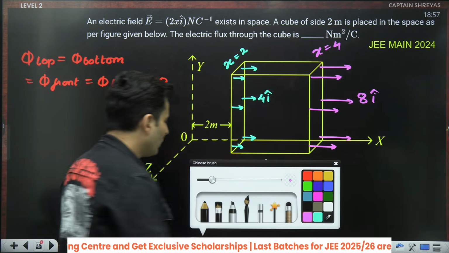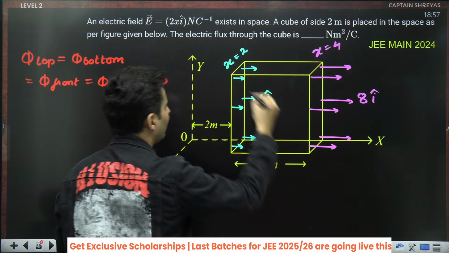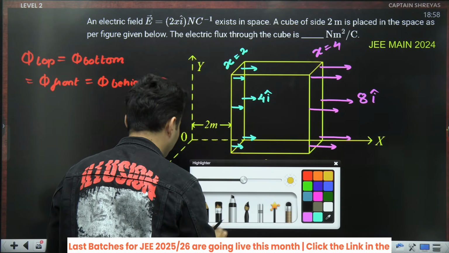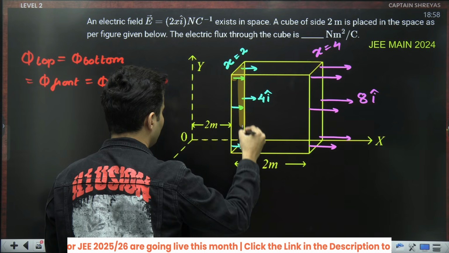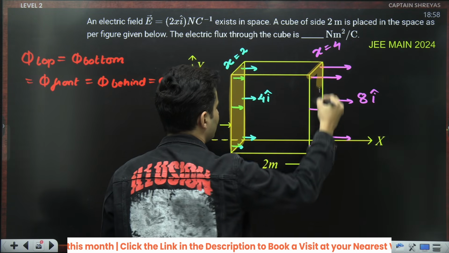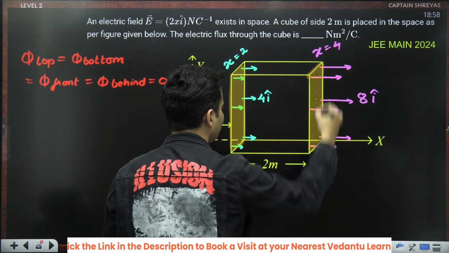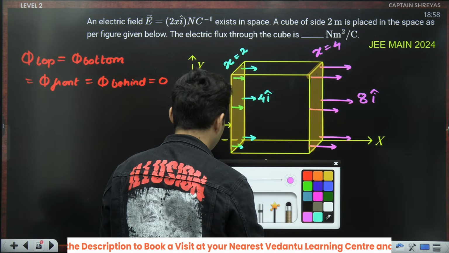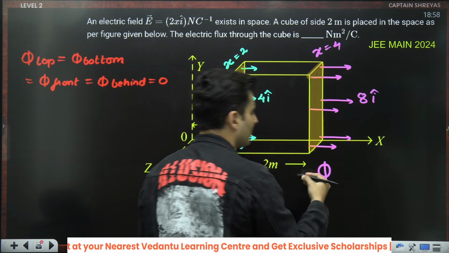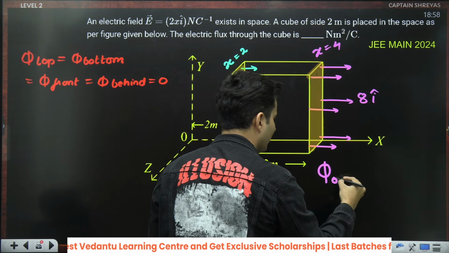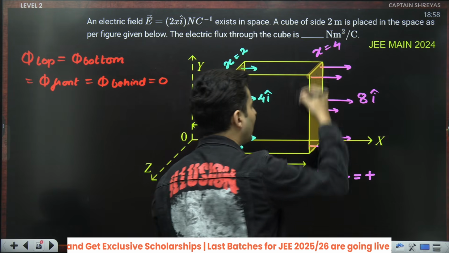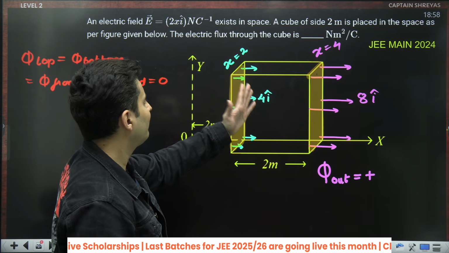Now if you notice the surfaces that we are talking about, let me make it slightly big, is this one surface over here and this one surface over here. If you measure the electric flux at this particular point, the flux going out will always be positive, and it will be the area of the cube face.